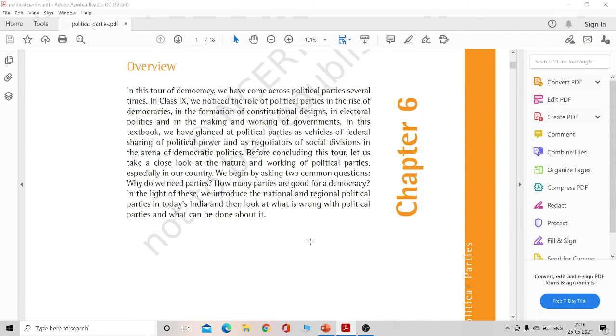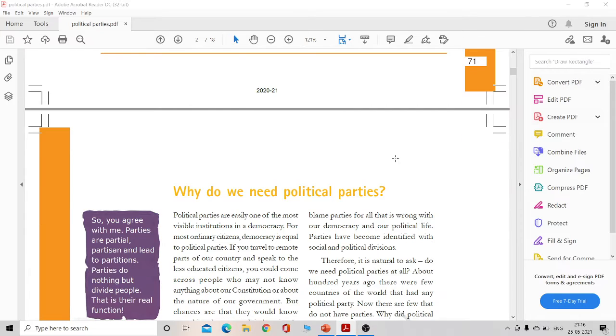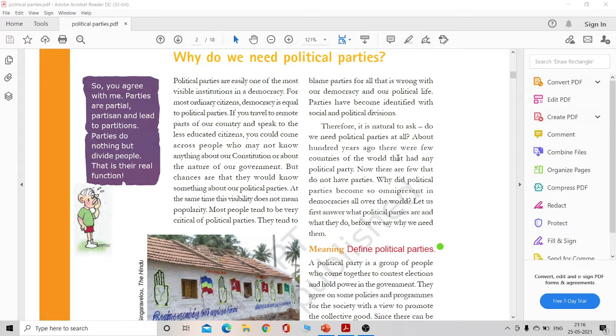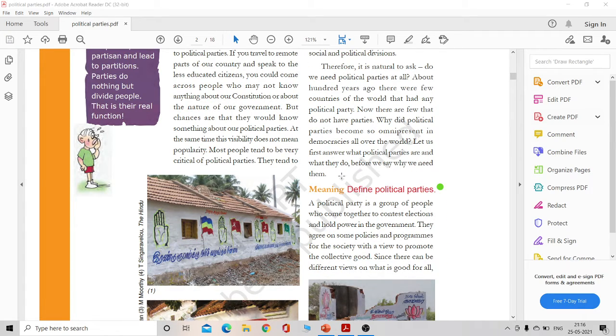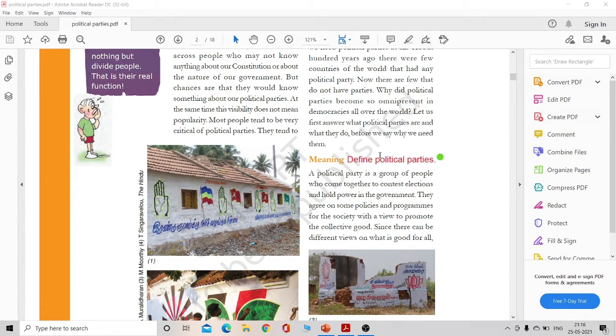So this is the sixth chapter, and one of the important questions that comes in this chapter is define political parties, right? So you come to the very first page and you get the definition. It's a one marker question.